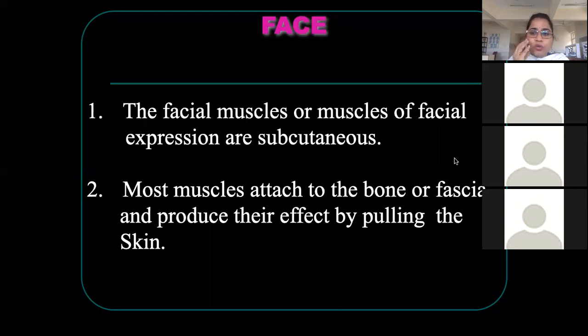These two regions are covered by deep fascia from the neck, which extends into the face and covers only these two regions: the parotid gland and the masseter muscle. So these two regions are covered by deep fascia coming from the neck region to the face. Am I clear, all of you?